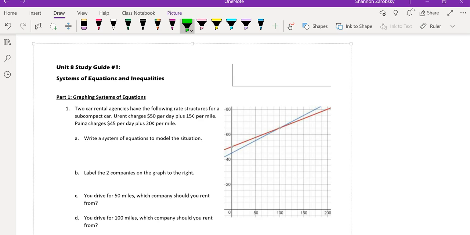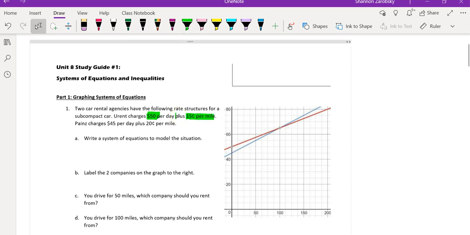So the $50 is the starting value. Now I know it says per day, but we're talking about a 1-day rental plus 15 cents per mile. We can represent that as y equals $50 plus 0.15x.